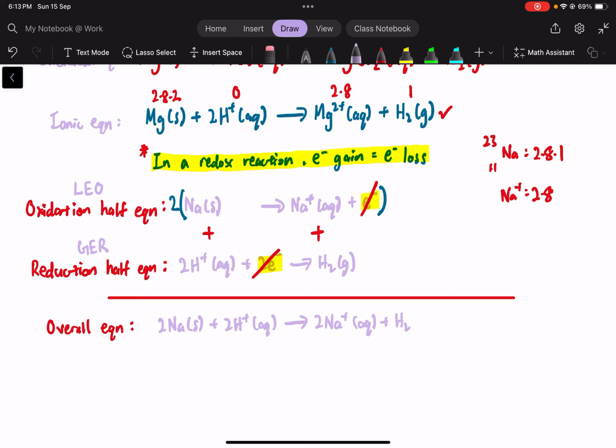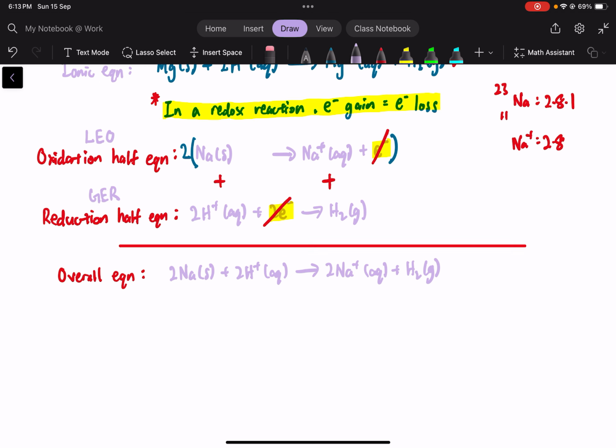Actually, we can realize that the overall equation we have written is the ionic equation for when sodium metal reacts with hydrochloric acid.